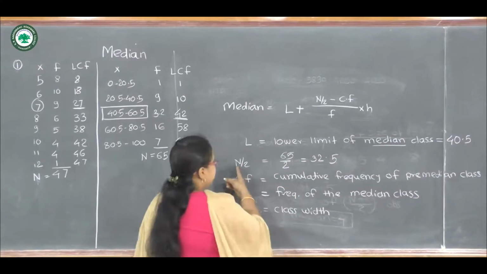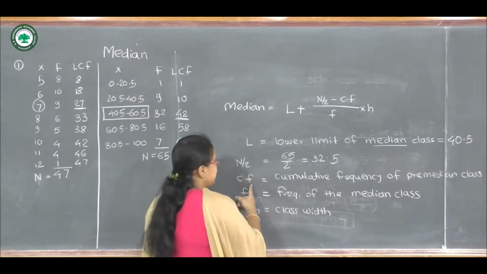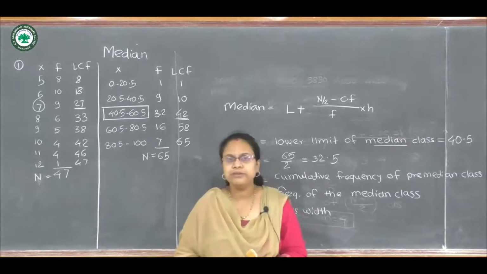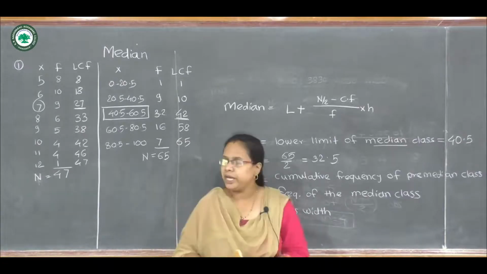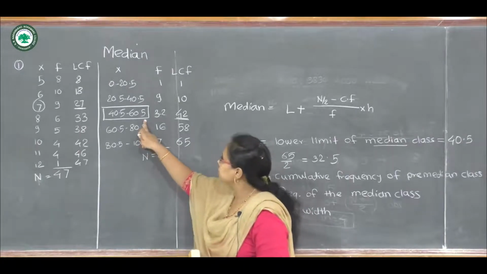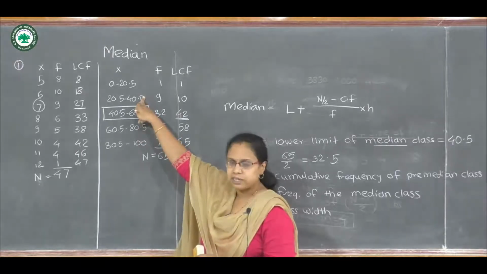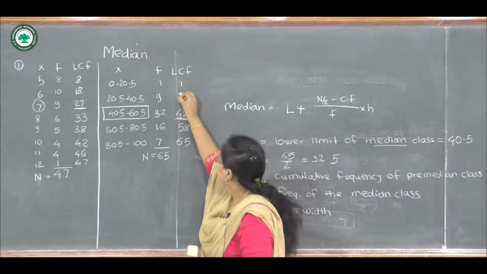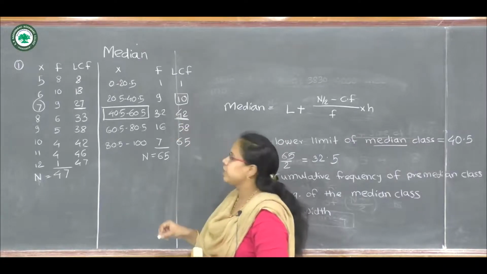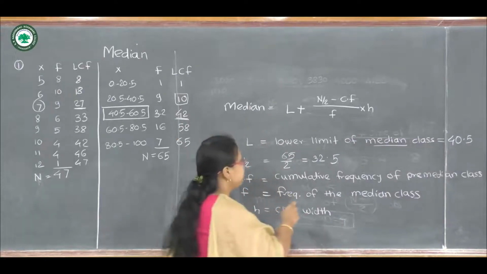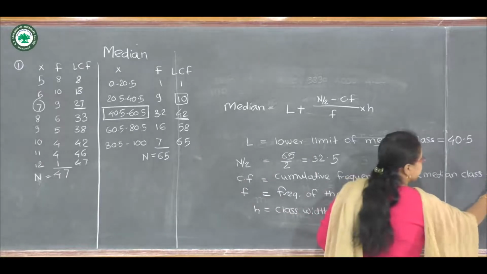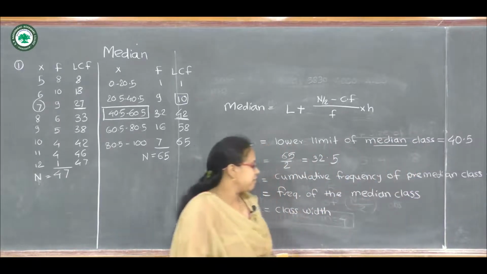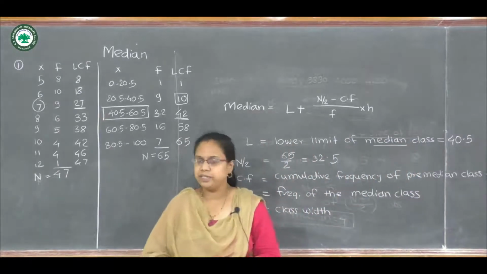Then we have calculated n by 2. Then CF means cumulative frequency of the pre-median class. This is the median class, this is the pre-median class, and its cumulative frequency is 10. So we have to take CF equal to 10. Then F means the frequency of the median class.